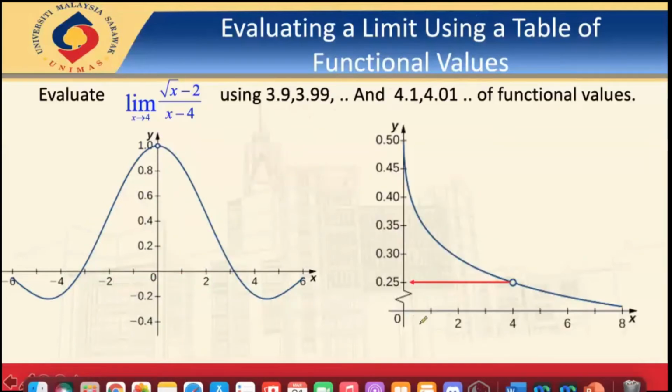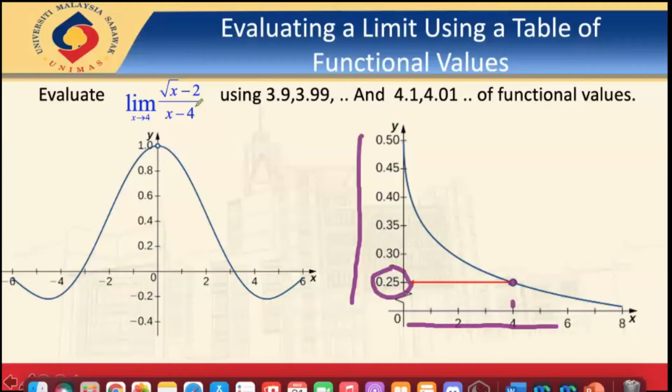These values are input values, and these values are output values. As we near 4, the output is 0.25. The closer to 4, the closer you will be to this output, which is 0.25.